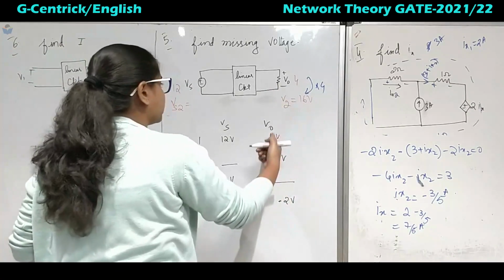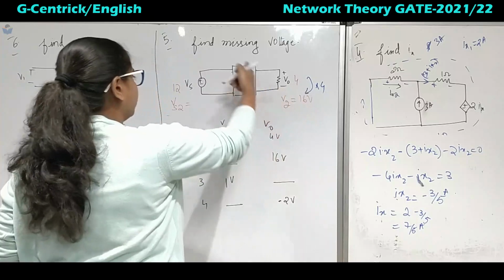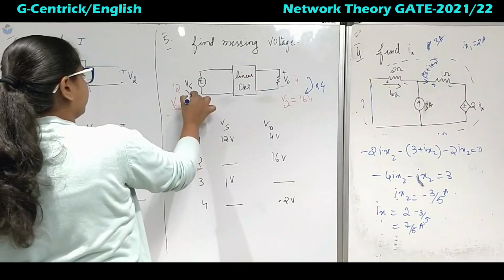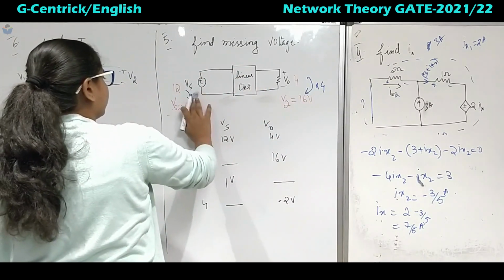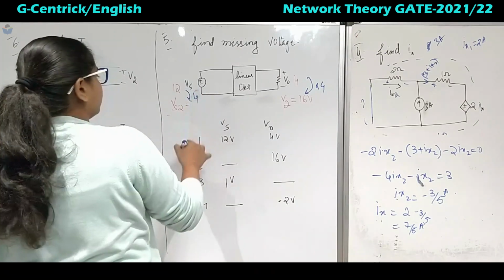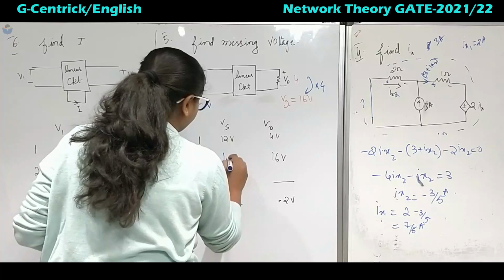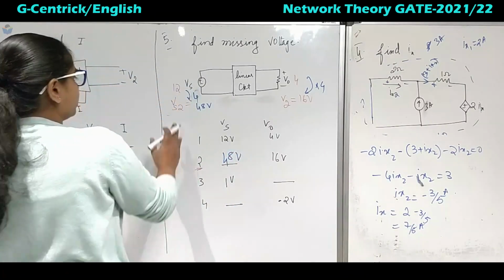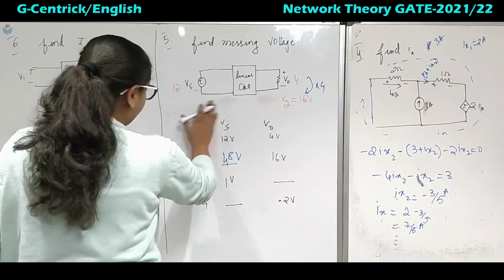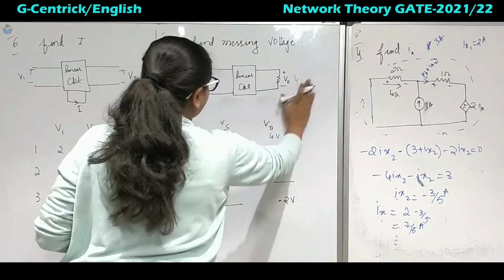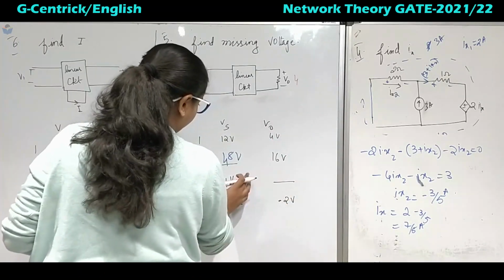So if it has to be 16 over here multiplying by 4, then at the input side also we have to multiply by 4. Okay. So we will get 4 into 12 is 48 volts. Okay. So now this thing is done. We will erase this one. Next we have to calculate here.